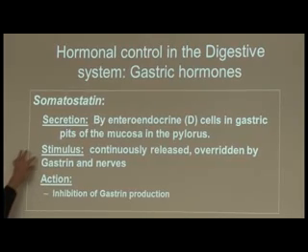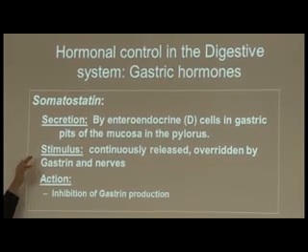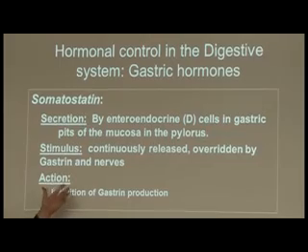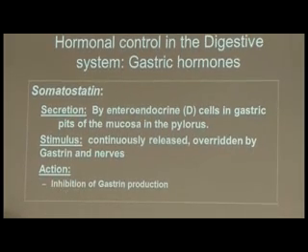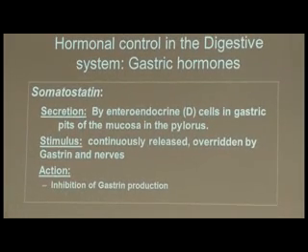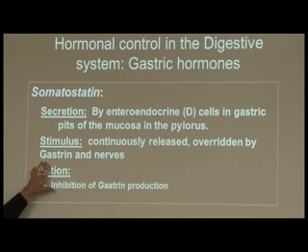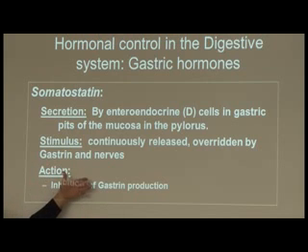The stimulus for somatostatin is that it's actually being continuously released. It's a hormone that's being released on a continual basis, and it's an antagonistic hormone to gastrin. So when gastrin is present, it overrides the hormone. Plus we have the submucosal plexus involved in the situation.